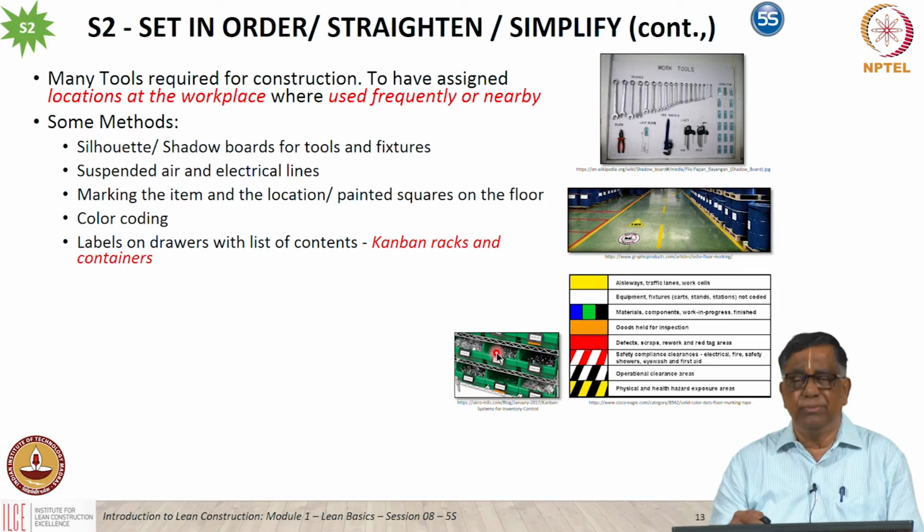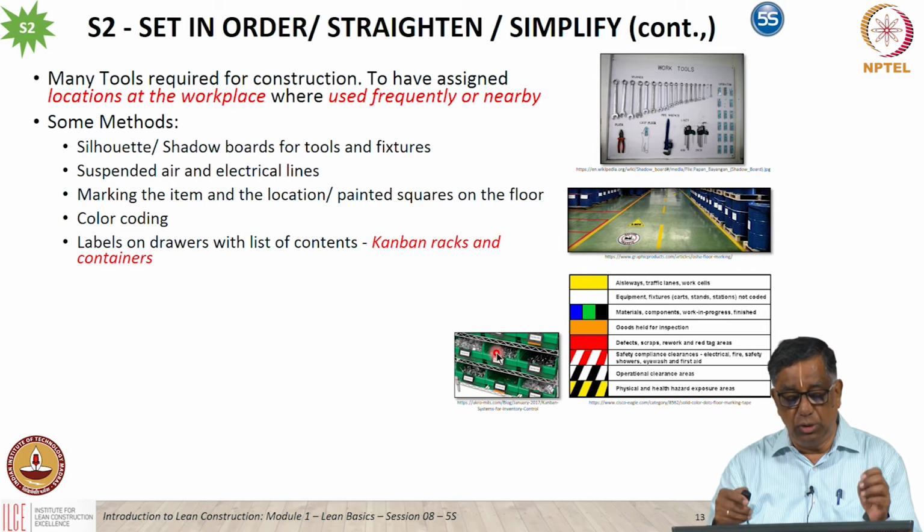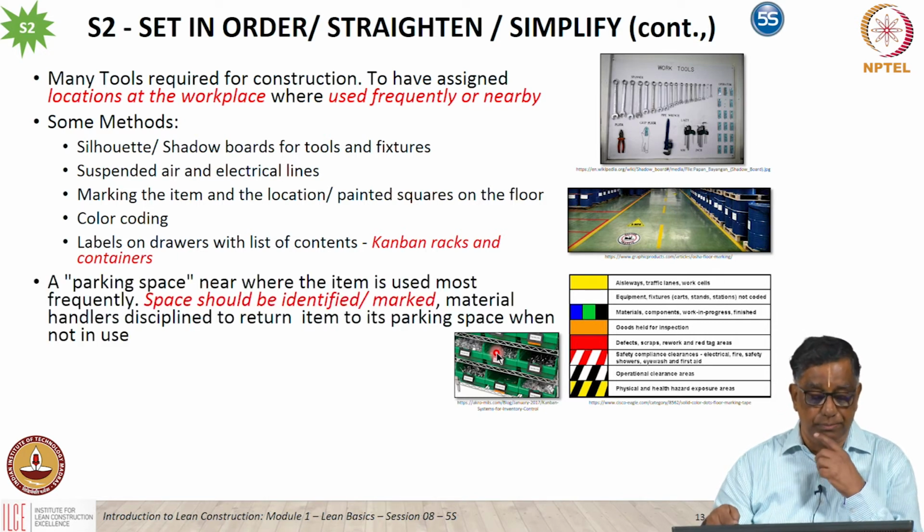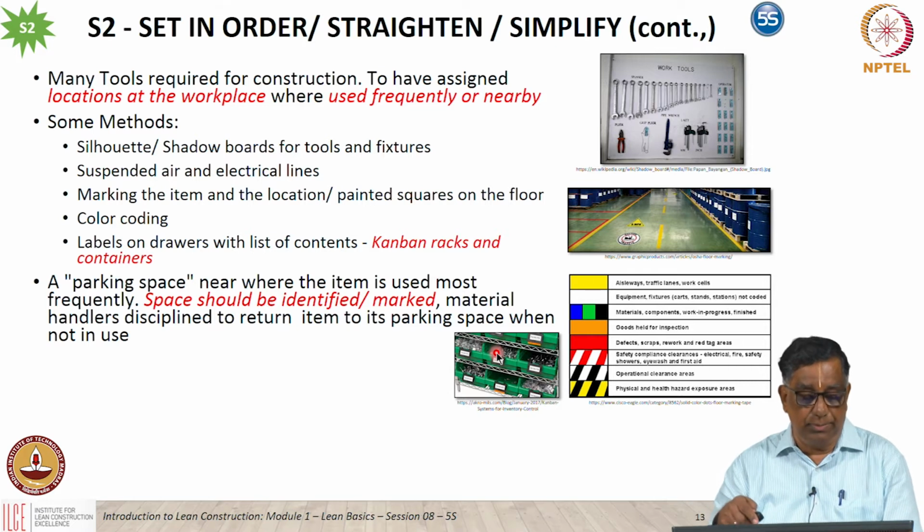So the basic idea is, you have to apply your ingenuity, be very smart in thinking how to make sure that a particular tool or an element or a material goes to the right place where it belongs. And there is a beautiful system called Kanban. I'll explain that a bit later.